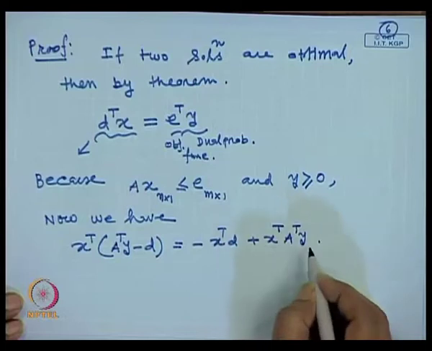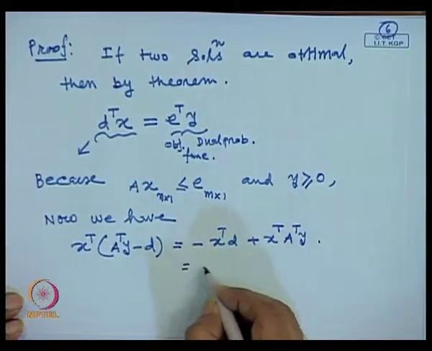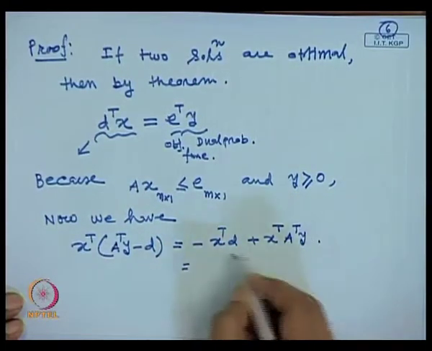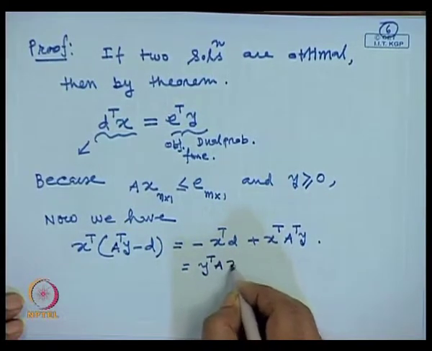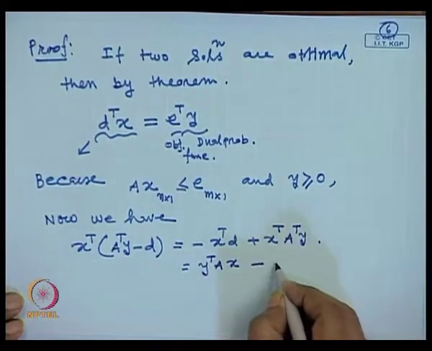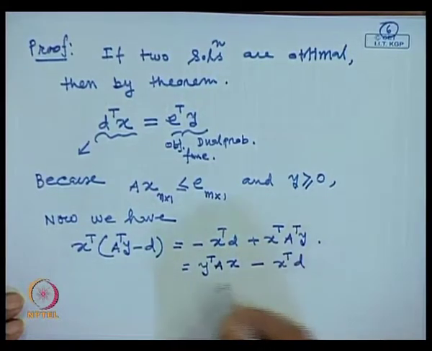Since it is a scalar quantity, I can write this as y transpose A x minus x transpose D.